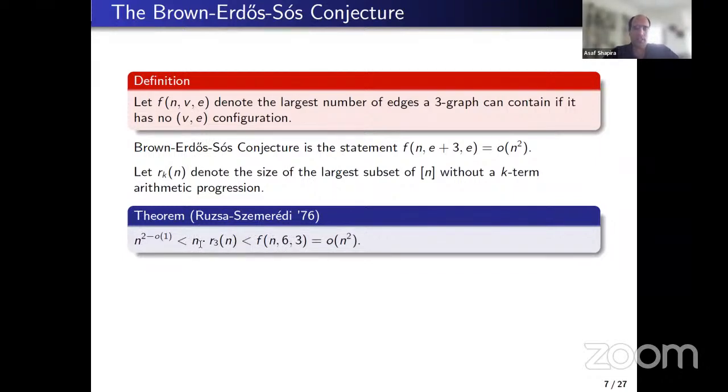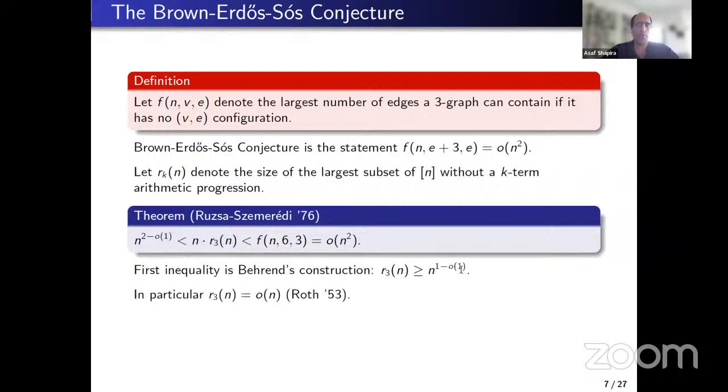So they used a very clever graph construction based on subsets of integers without a 3-term arithmetic progression in order to prove a lower bound, meaning to find a 3-graph with a large number of edges and no (6, 3) configuration. And let me just mention that the first inequality is Behrend's construction, which says that r_3(n) is at least n to the 1 minus little o of 1.